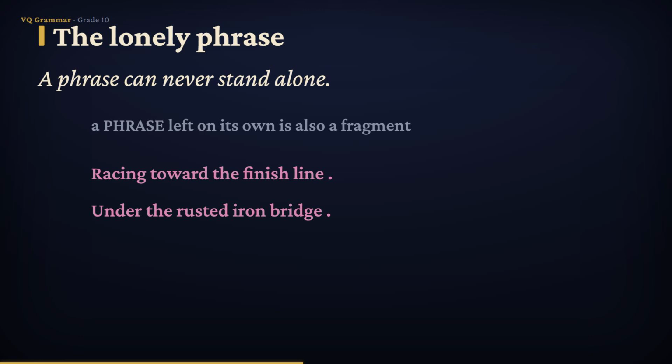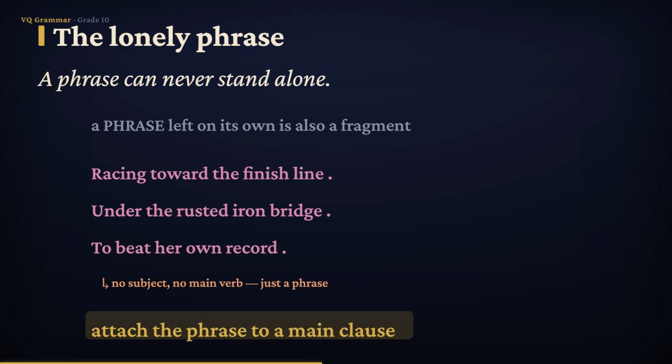A prepositional phrase. To beat her own record, an infinitive phrase. Each one sounds like it's going somewhere, but each one is only a piece. The fix is the same medicine. Attach the phrase to a main clause. Racing toward the finish line, Delia felt her legs burn.